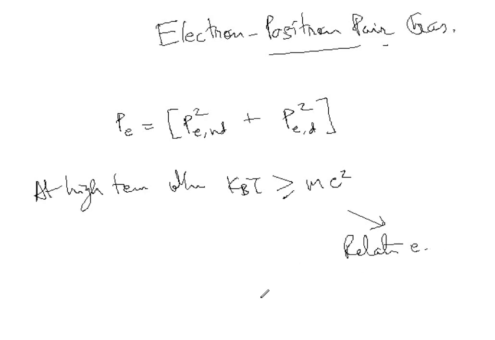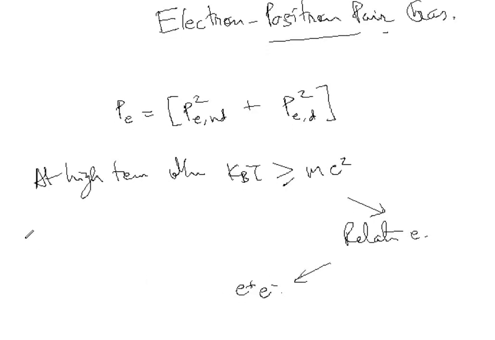Now it becomes energetically possible to form electron-positron pairs, that is, to create new particles, in that case for very high energies. Now we have to write down the distribution functions for not only the electrons but also the positrons as well.